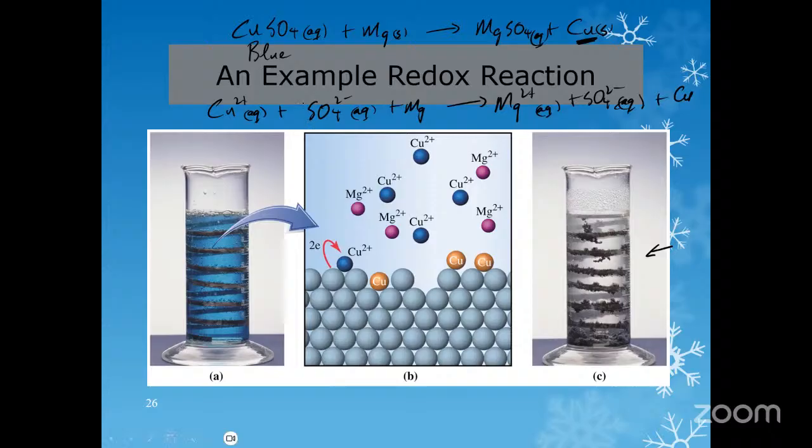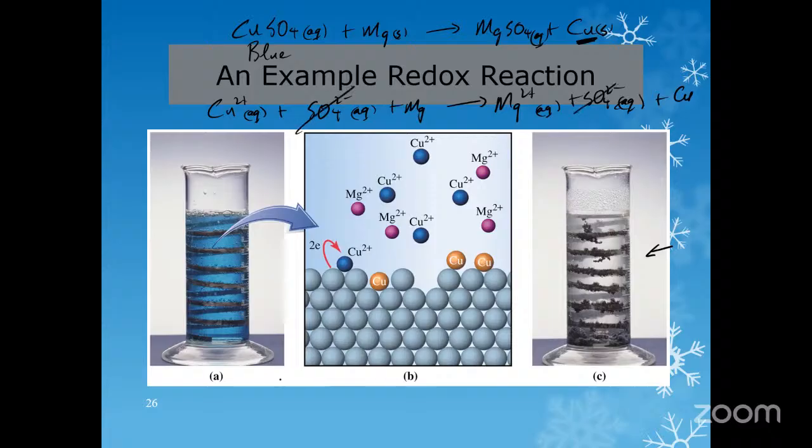All right. So firstly, let me ask you this. What would be the spectator ion in this case? Remember, the spectator ion remains unchanged going from left to right. Exactly, the sulfate ions would be the spectator ions, right?